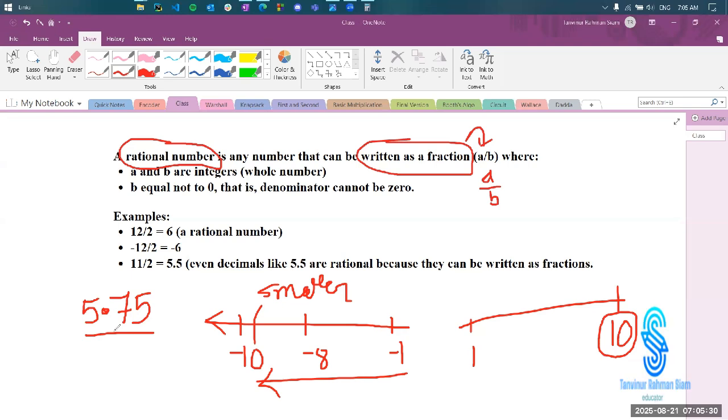These are different place values. This is like tenths and hundredths, and seventy-five would be tens and units.